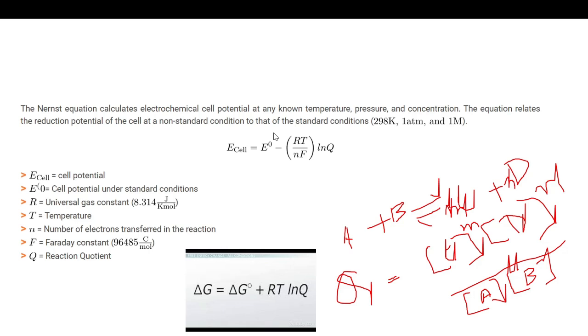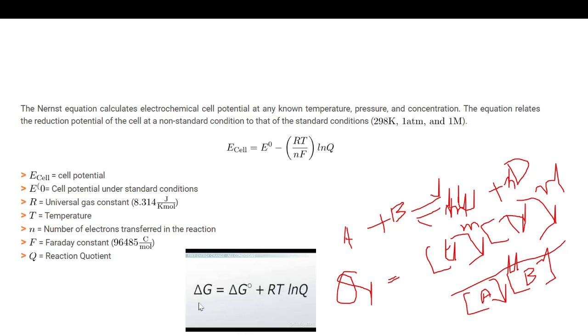Now there is another important relation between this electrochemical potential and del G, that is, the Gibbs free energy. Similar to this equation, you can also define del G in relation to the temperature and reaction quotient.